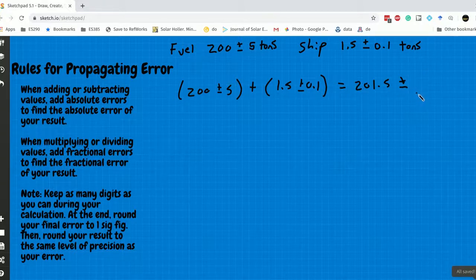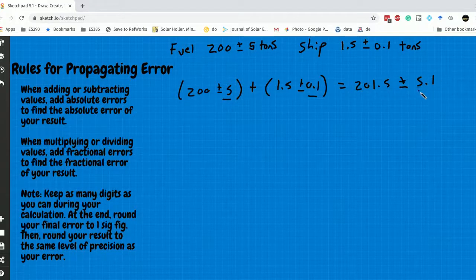If we follow our rules for addition and subtraction, we know that we need to add our absolute errors to find the error of our resulting calculation. And absolute errors are just these errors that are already listed. So we're going to go ahead and add 5 and 0.1 to find an error for our result, which is equal to 5.1. Lastly, we need to follow our note here on the left and round our final result and error.